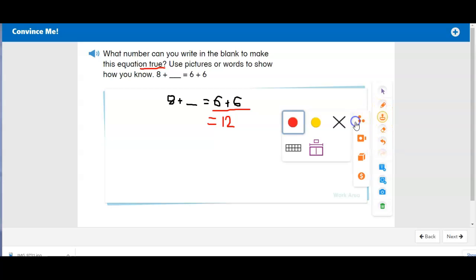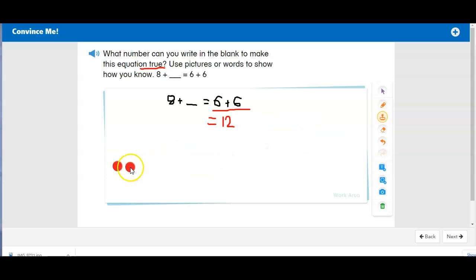We could find this by putting 8 counters or dots. 6, 7, 8. And then counting on until we get to 12. So I have 8 counters here. Now I'm going to count on until I get to 12. So I'm going to count on from 8, 9, 10, 11, 12.